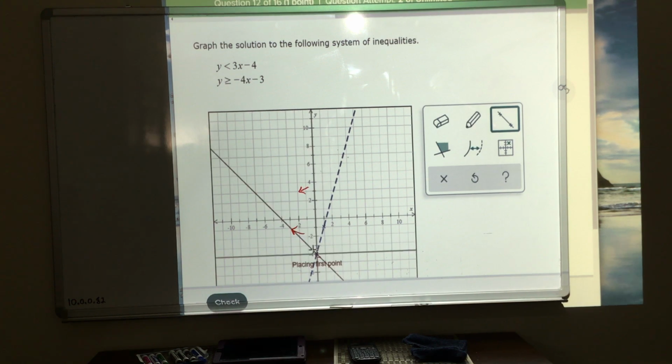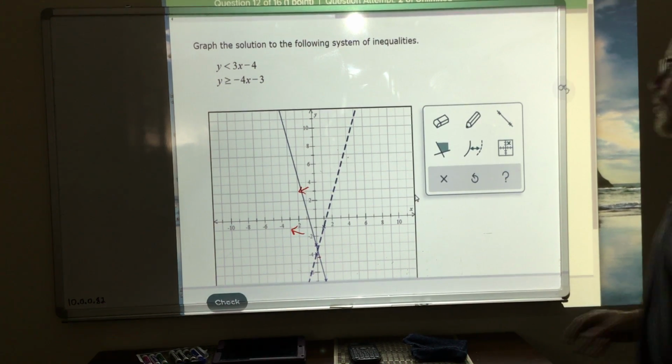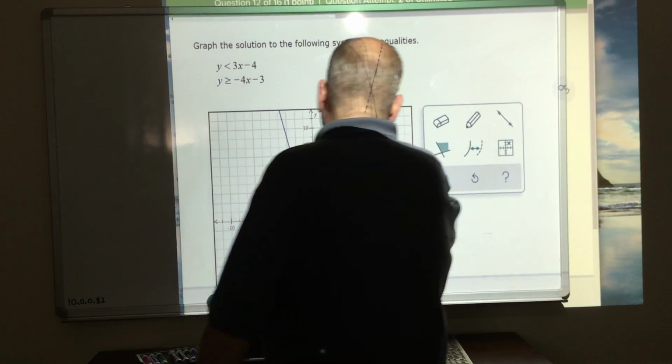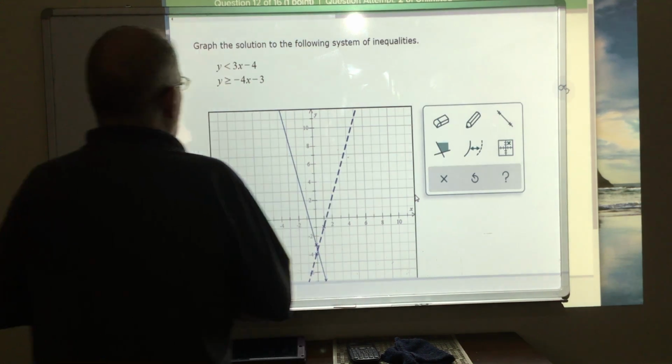So we go to negative 3, and then down 4 over 1. Is that right? Yeah, 1, 2, 3, 4, yep. Okay, and let me get rid of these arrows.